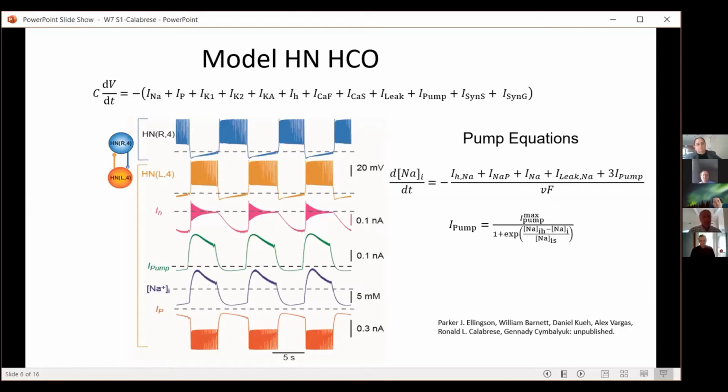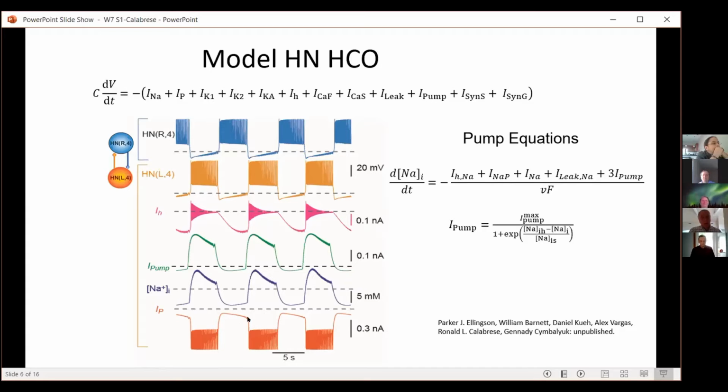So really, the slow variable in the system that we have is the buildup of the sodium concentration. And you can see here that during a burst, the sodium concentration builds up and the pump follows that buildup.